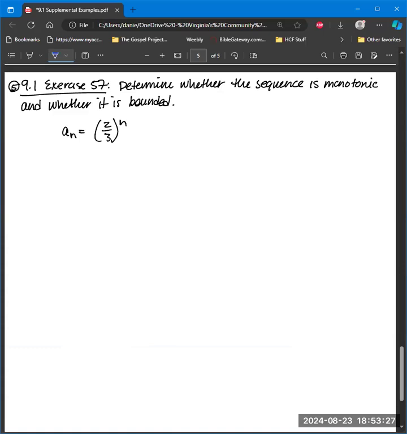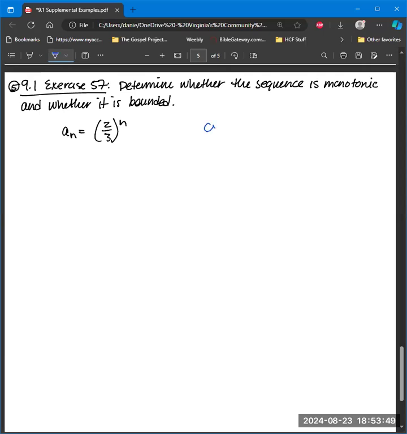And then we have: determine whether the sequence is monotonic and whether it is bounded. So a sub n is equal to 2 thirds to the n. So this will be a monotonic sequence.